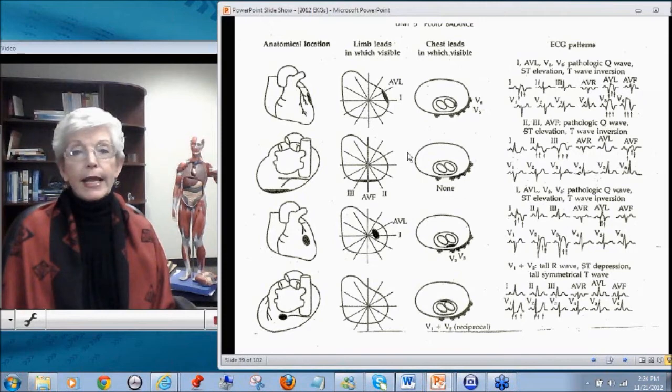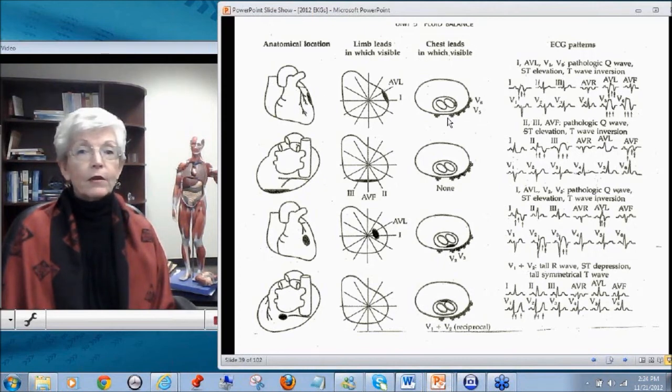Let's look at a lateral. Shine a light here. This would be analogous to standing on the patient's left side and shining a light at them. Well, what's on the left side? Lead 1, your left arm. AVL, left arm. On the precordial leads, V5 and 6 in your axillary area.